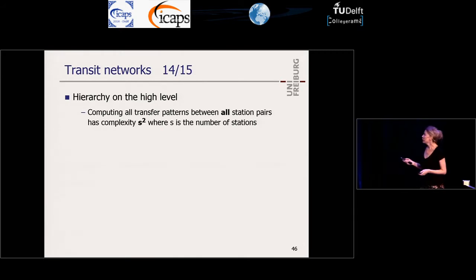Now, I told you there's one snag here, and that's you have to compute all transfer patterns conceptually between all station pairs, right? Now that's quadratic. We all learned that at some point that quadratic is not good, or maybe it is.